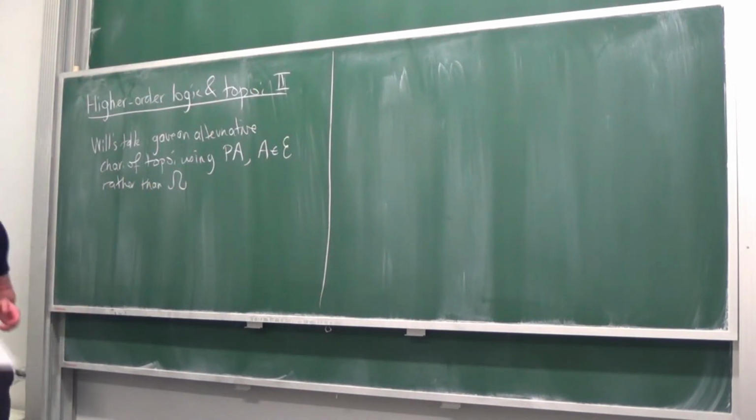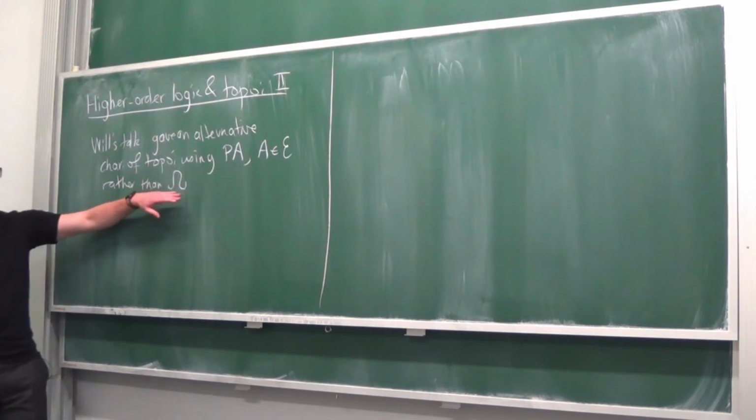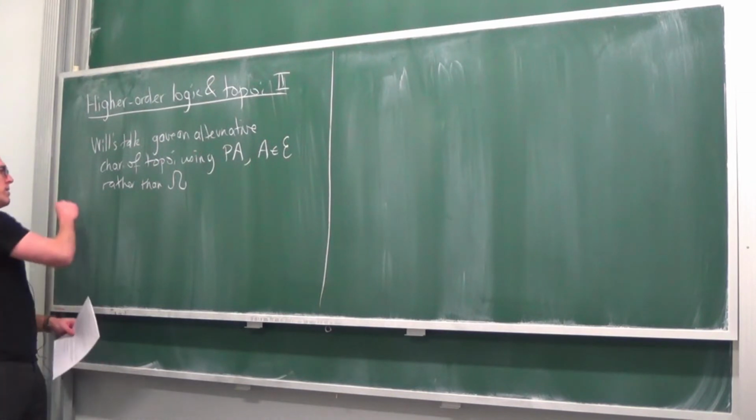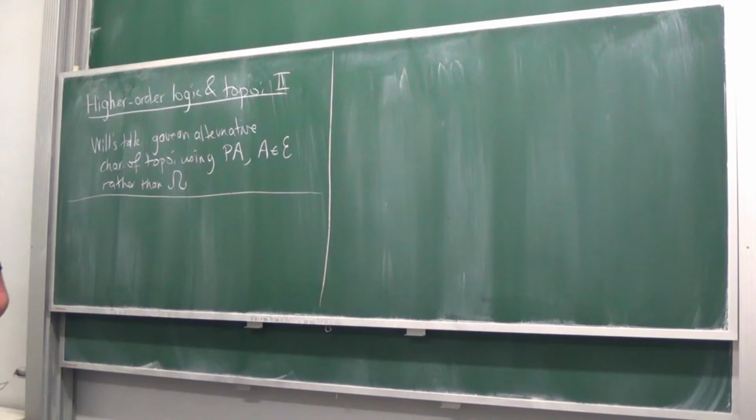And that's essential for this talk because the way we're going to extract a topos from a higher order logic is actually going to involve power set objects rather than a sub-object classifier. It's just, I guess, for historical reasons, that's how type theories were set up.